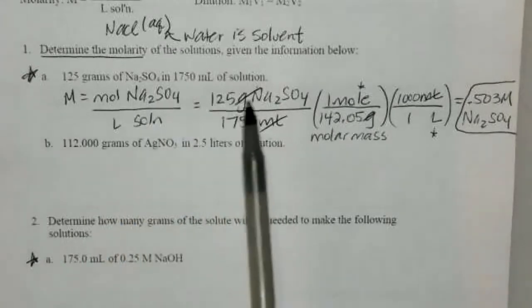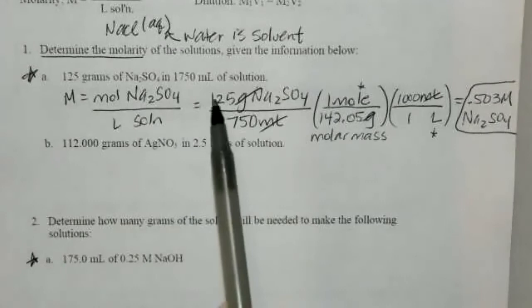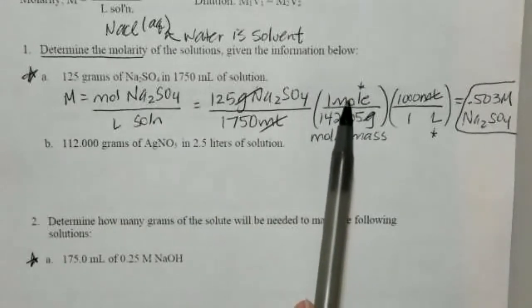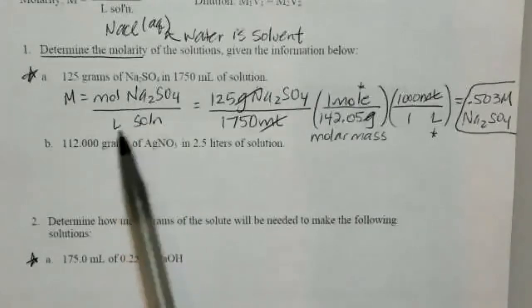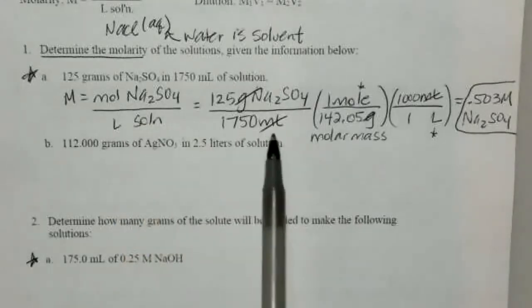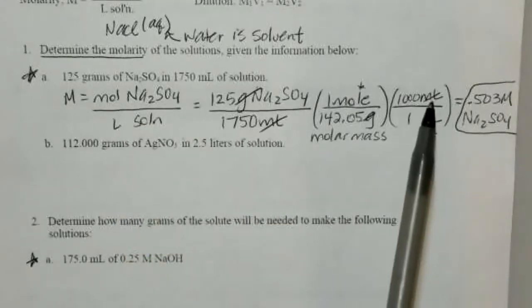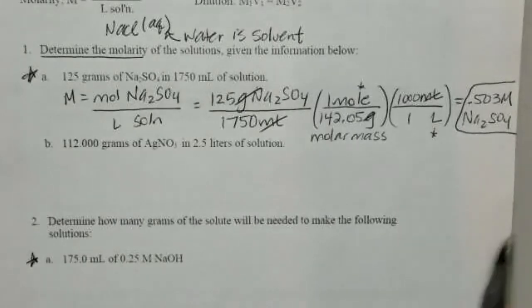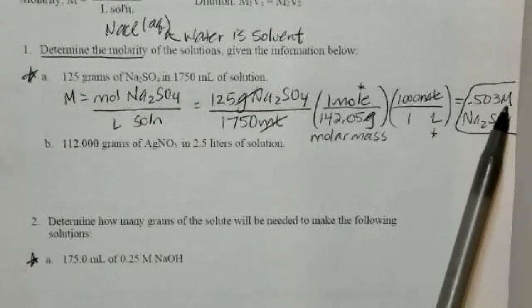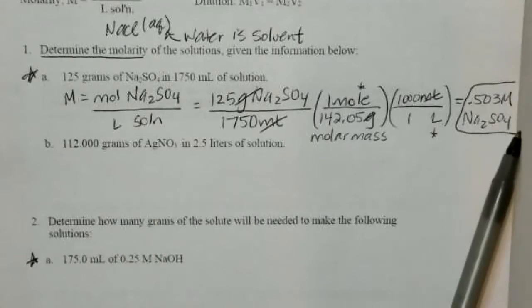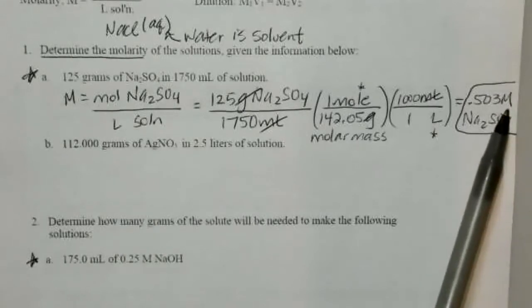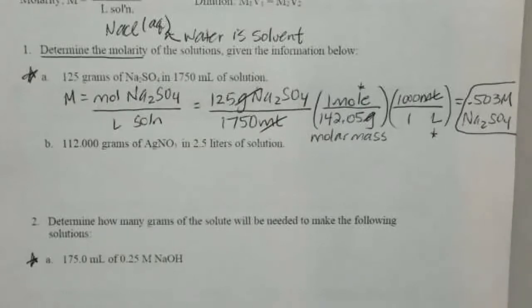We need to know how many moles of solute we have. If we're given grams, we're just going to convert that to moles using molar mass. And we need to divide that by the volume of the solution, but in liters. And since we were given milliliters, we've got to change that unit to liters. And so at the end, we can leave it as 0.503 mole per liter sodium sulfate, or instead of mole per liter, we can just put capital M.